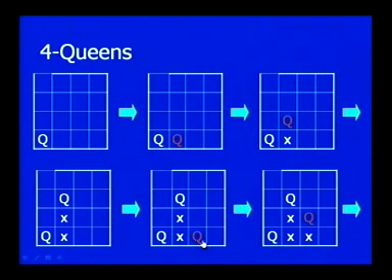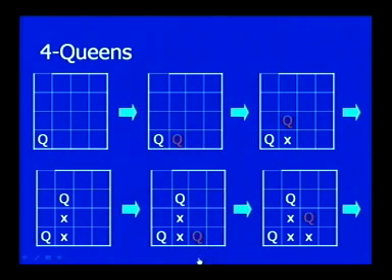Again consider the possibility: the third queen I can't place here because these two are in attacking position. I can't place it here, these two will be in attacking position. I can't place it here, I can't place it here also. So that means the placement of this queen is wrong. So I am coming back. This coming back is what we call backtracking.